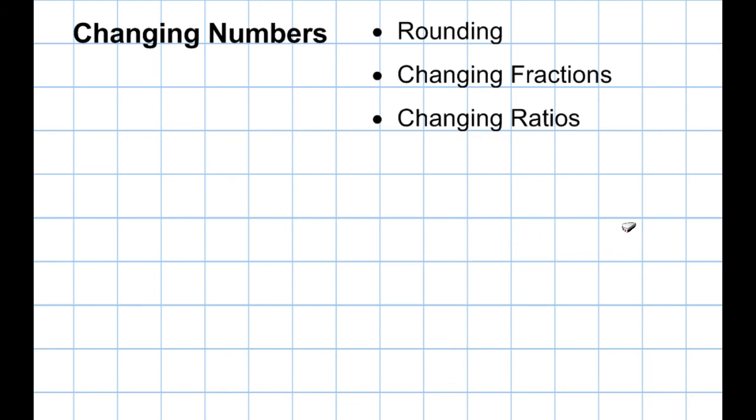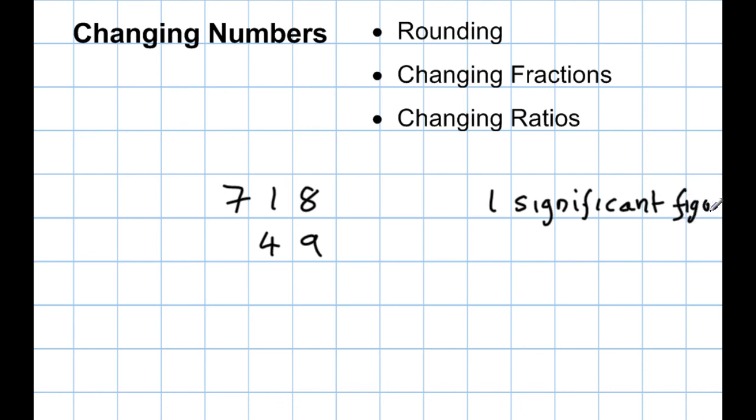Right, there's one other bit of rounding we need to know, and that's this. We're going to round to 1 significant or important figure. 1 significant figure means you round it to the first figure in your number that isn't a 0.